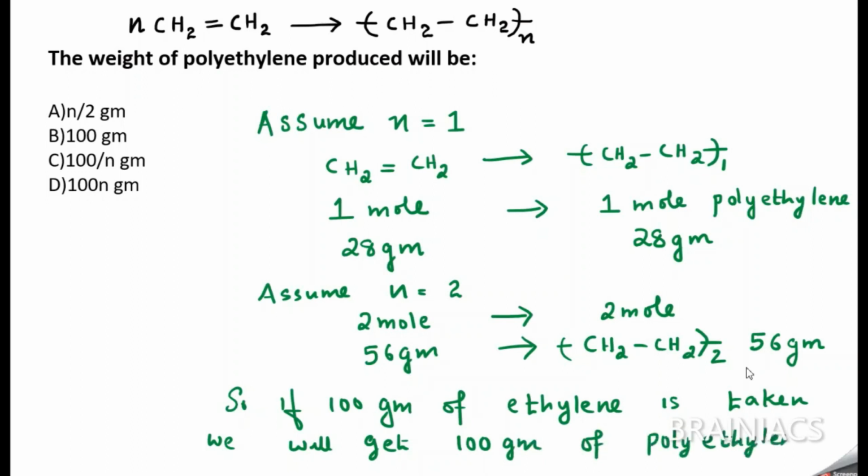Understood? Okay, so if you still have doubt, you can put n is equal to 3. Then what will happen? 28 into 3. Then output is also 28 into 3. There is no difference.